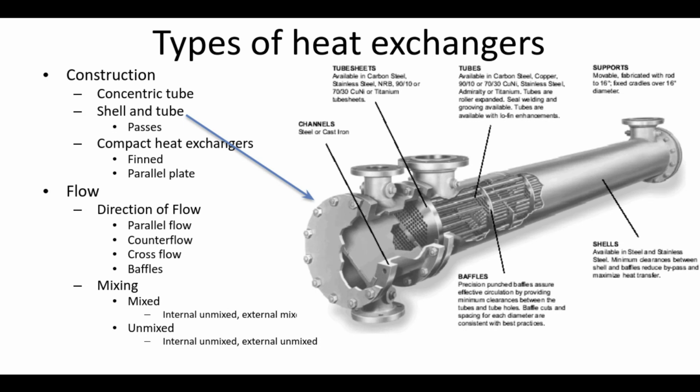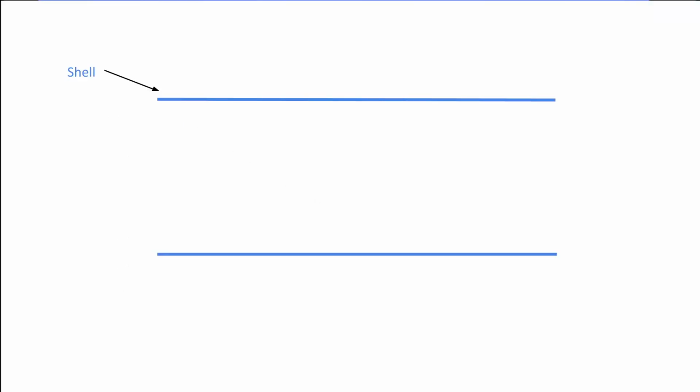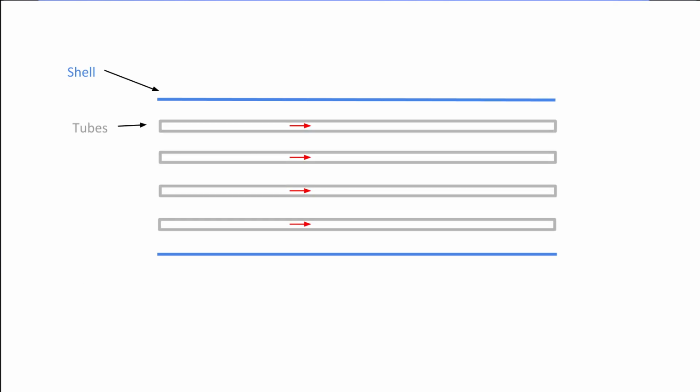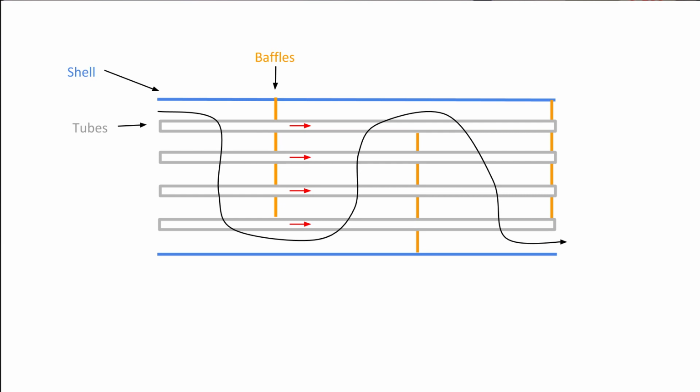To help enhance this heat exchange, you have baffles in your heat exchanger. So here you have the shell, right? And here you have the tubes, right? You have baffles such that, let's say, one is a hot and one is a cold fluid. Let's say this is the hot fluid. And what the baffles do is to redirect this flow to go like this.